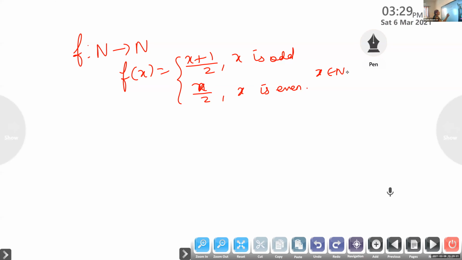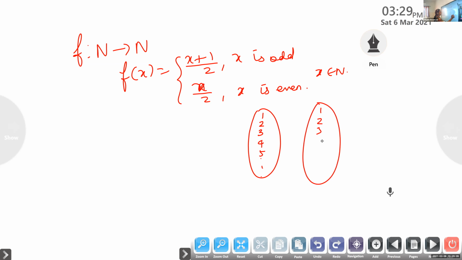So try this. I'm taking the set of all natural numbers 1, 2, 3, 4, 5, and so on. Here also we have 1, 2, 3, 4, 5, 6, and so on. What is f of 1? 1 plus 1 by 2, so 1 will be mapped onto 1, isn't it? What is f of 2? 2 is even, it is 2 by 2, which is 1.